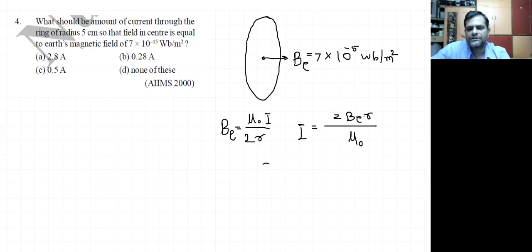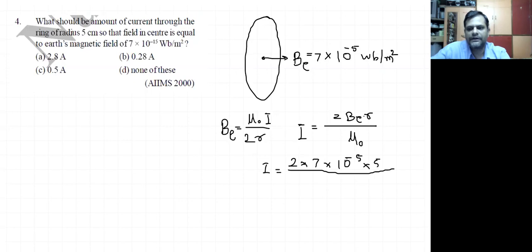So if we just work it out, then the current will be found to be 2 times BE, where BE happens to be 7 into 10 raised to minus 5, into the radius of the coil, which is 5 centimeter.